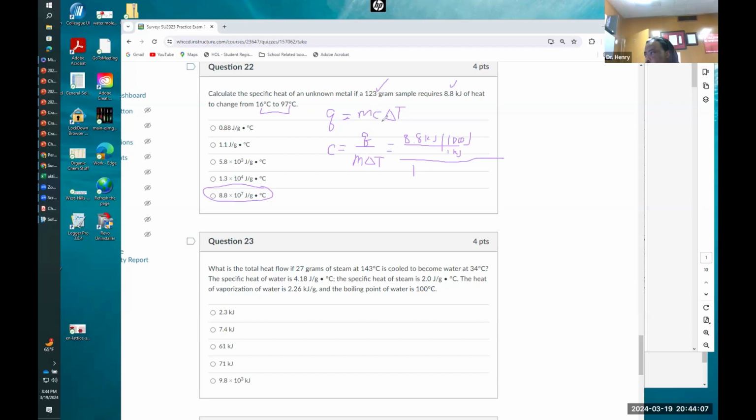Then we're going to divide that whole thing by the mass, which is 123 grams, and then our delta T, which is 97 minus 16 degrees C. So we're left with units of joules per gram degrees Celsius.